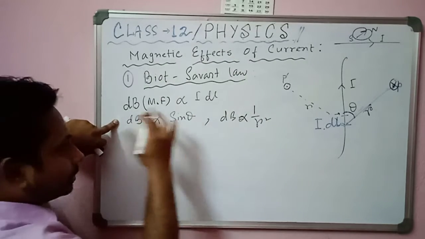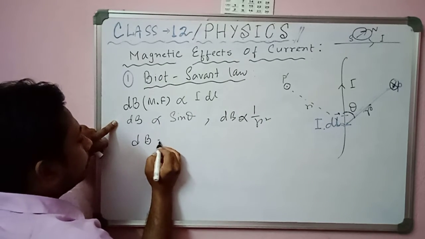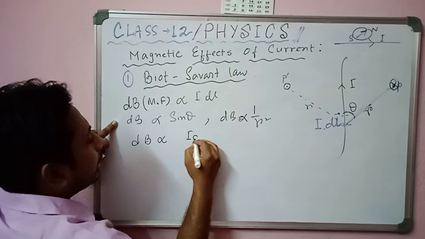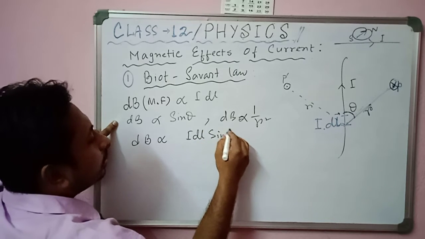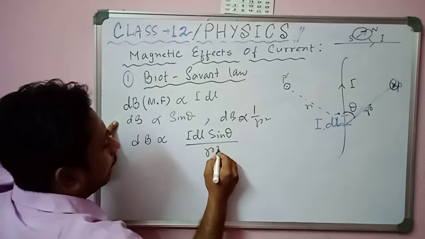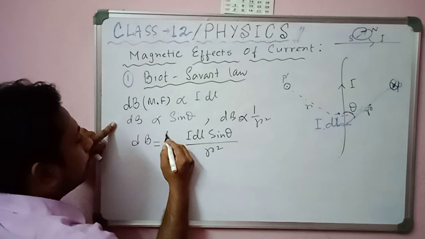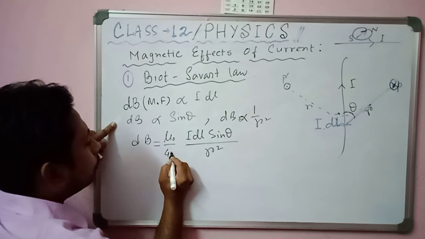Then, accumulating all the things, you can write dB proportional to I dl sine theta by r square. You can put equality by placing mu naught by 4 pi.